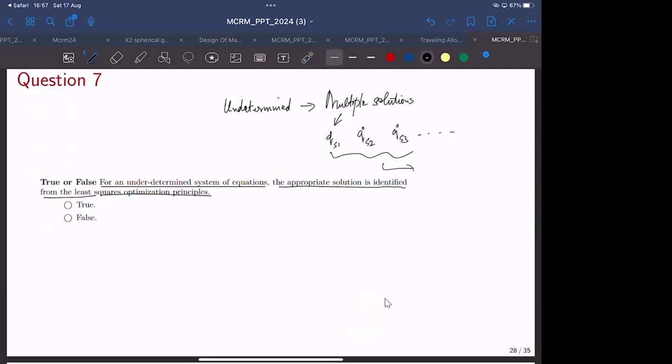From this, we will go with the minimum norm solution, and it is not the least square solution. We go for the least square solution when the system is overdetermined or when it does not have any solutions. We'll go for an approximate solution, that is the least square solution. But in case of an underdetermined system, we go for the solution that has the minimum norm. So that makes this statement false.